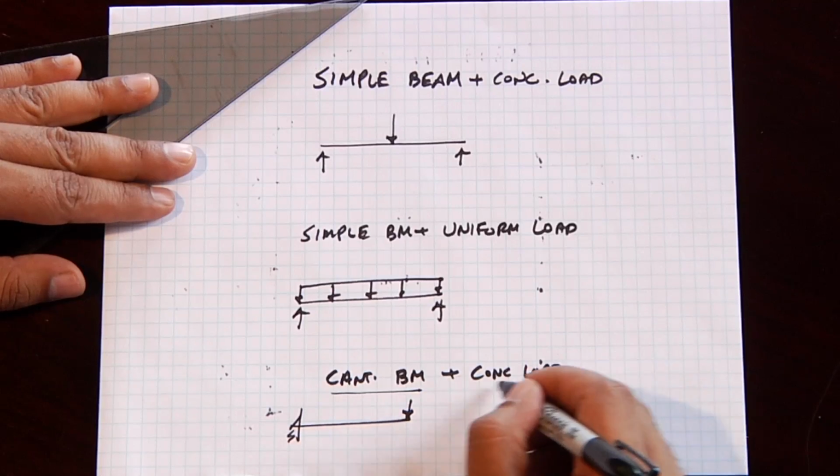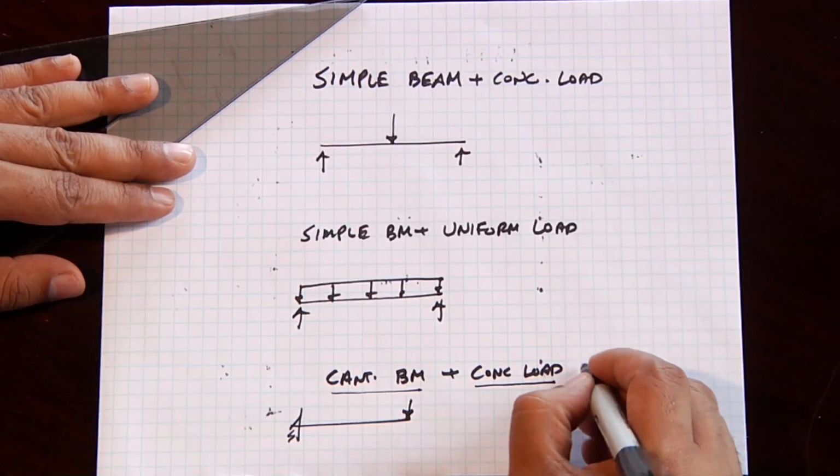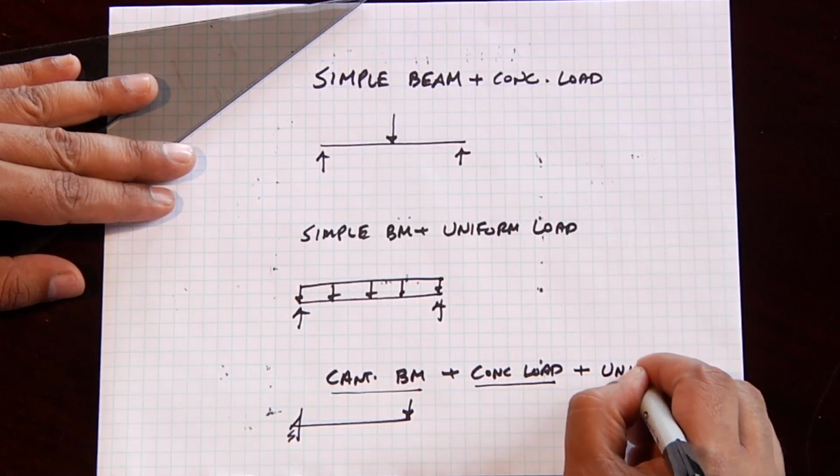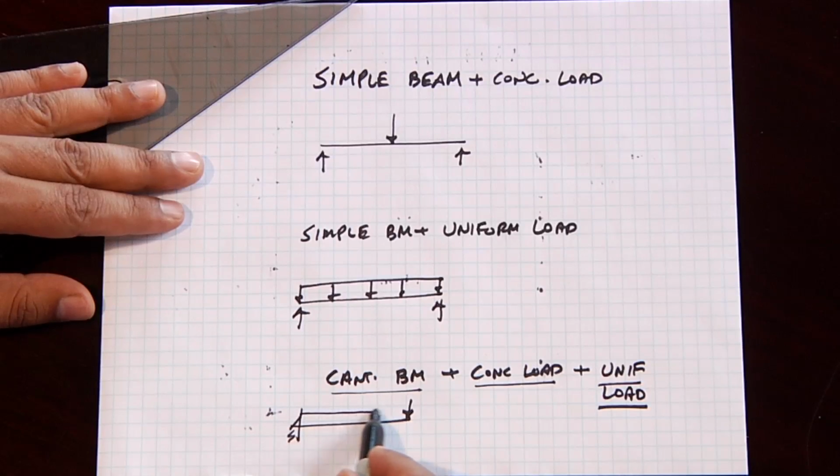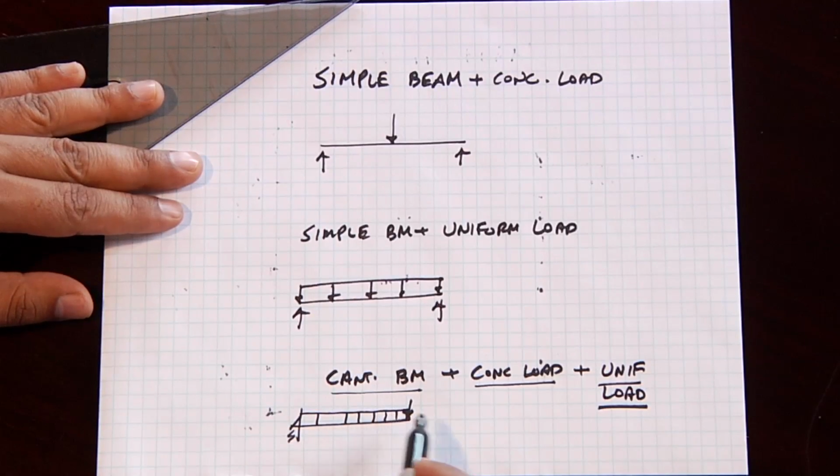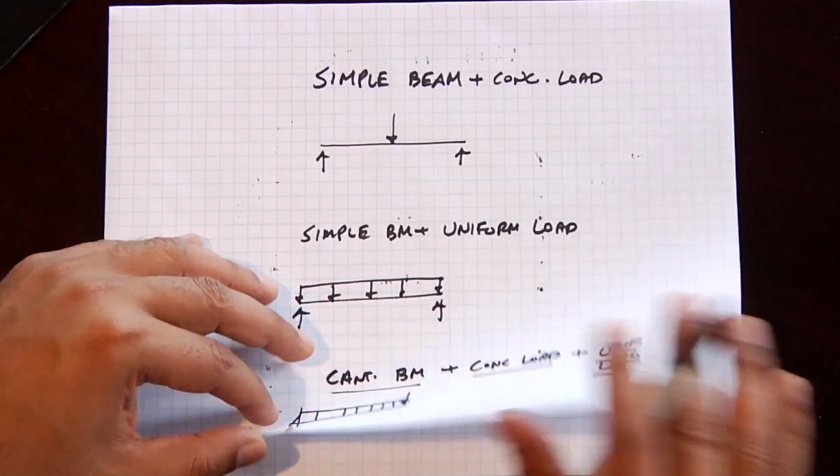Let's do one more example. We'll take the cantilever beam with a concentrated load and we'll add on a uniform load. The same example we did in the previous module, except now we're going to add this uniform load and draw the moment diagram for that.